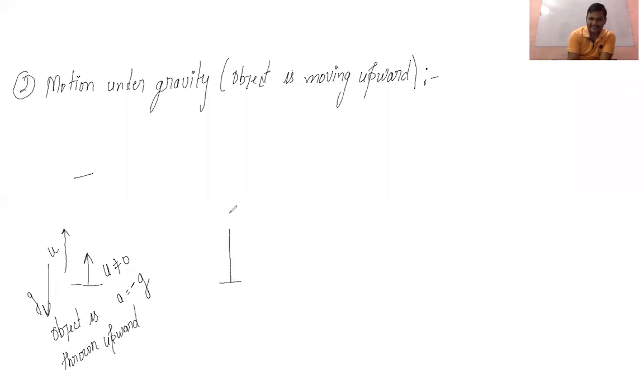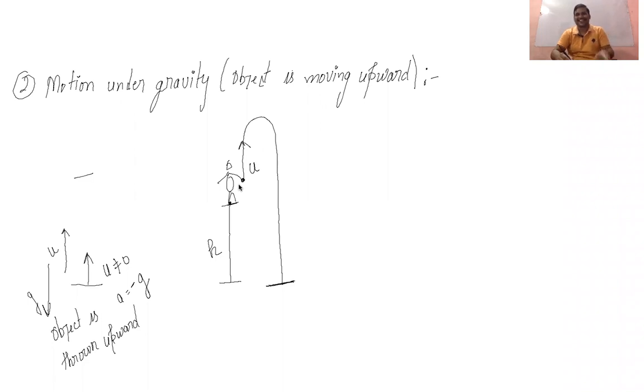Suppose there is a tower of height h and a man is standing on top. If he throws an object with speed u upward, it comes back down to the ground. So from the height h, an object is thrown in the upward direction.